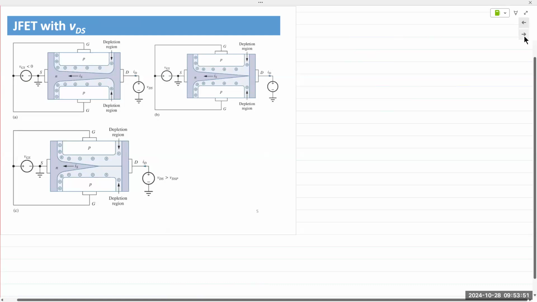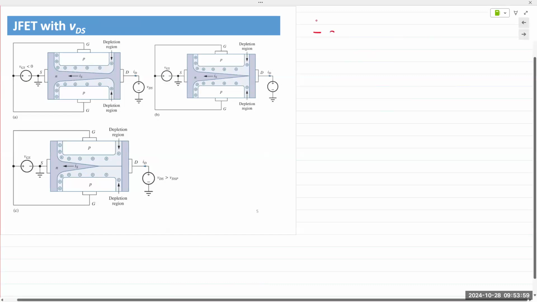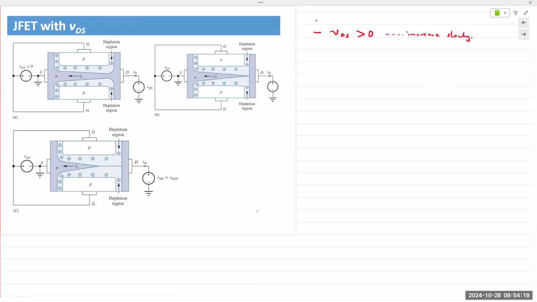So right here, VGS is kept at 0, VDS is at 0. Then, when we slowly apply VDS greater than 0, the drain to source is now positive.